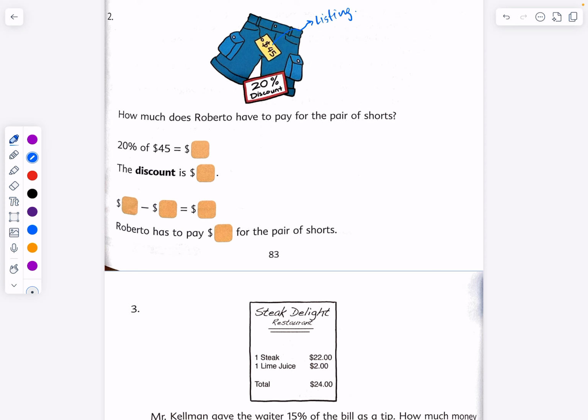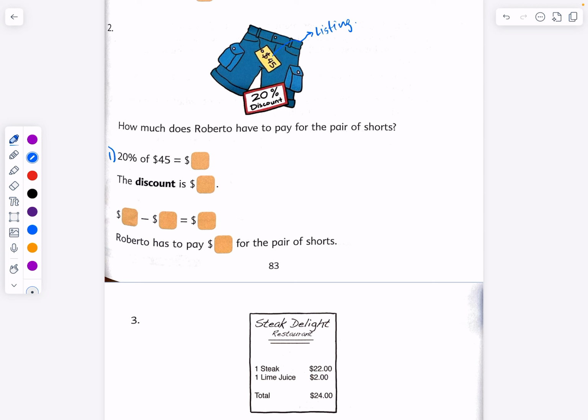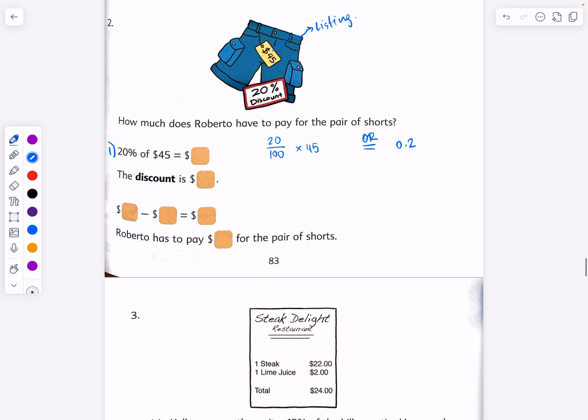Well, step one, let's figure out what is the 20% of $45. Again, there are a few ways to think about it. You can think of it like this, 20 out of 100 times 45, and please simplify before you multiply. Or you can think of 20% as 0.2 as a decimal, convert percentage to decimal, times $45.